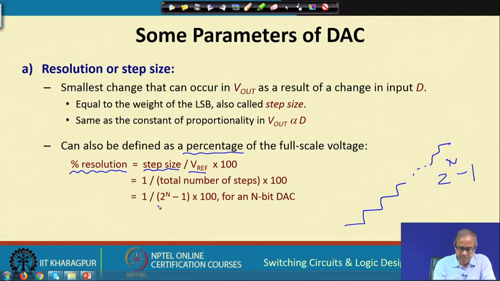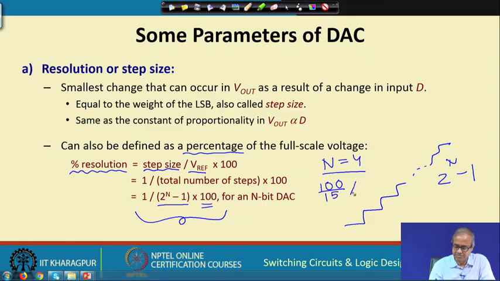So, 1 divided by (2 to the power n minus 1) multiplied by 100 gives the percentage resolution. Let us say for a 4-bit DA converter, n equal to 4, the resolution will be 100 divided by 15, which is approximately 6.6%. So, the resolution will depend on the value of n.